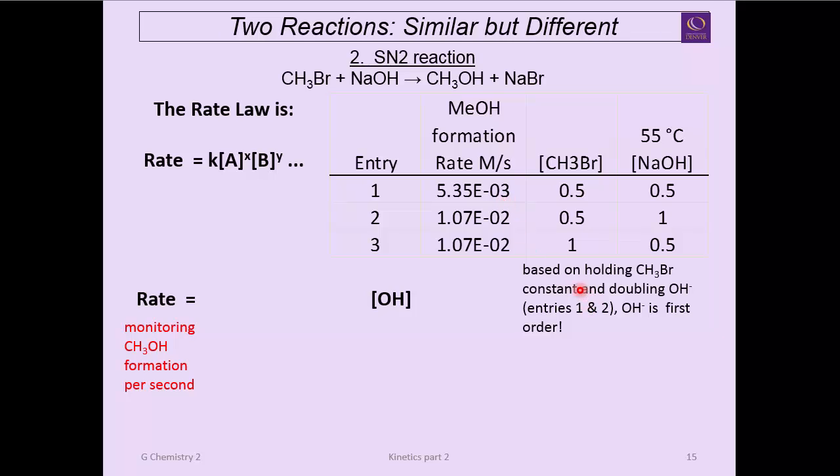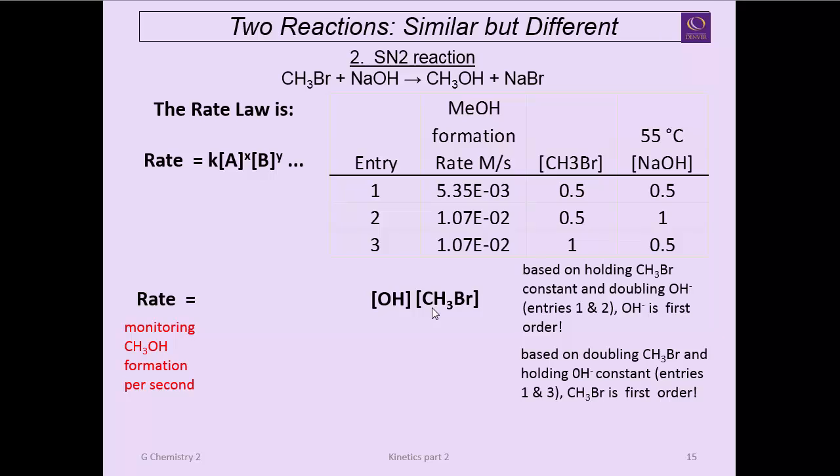So when you double the concentration, it doubles the rate, then that's raised to the first power. Now we go down to the next one. Based on doubling methyl bromide and holding sodium hydroxide constant, notice how it also doubles the rate. So in this case, relative to methyl bromide, that also is a first order relationship.